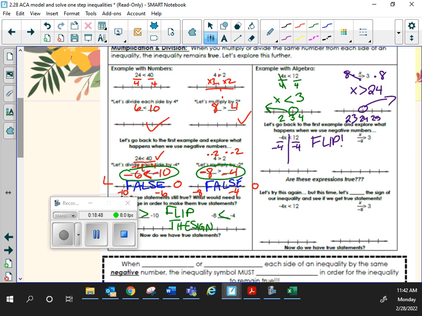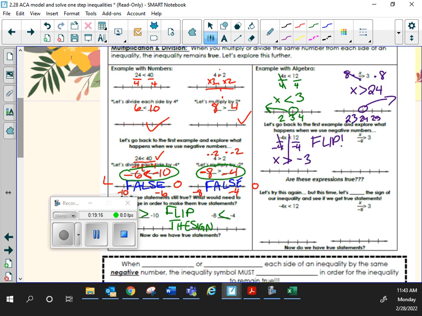Do it at the beginning, because chances are you'll forget to do it at the end. Do it at the beginning, because then it's done. Check. Okay, this cancels out. I'm left with x. 12 divided by -4. Signs are different, negative wins.